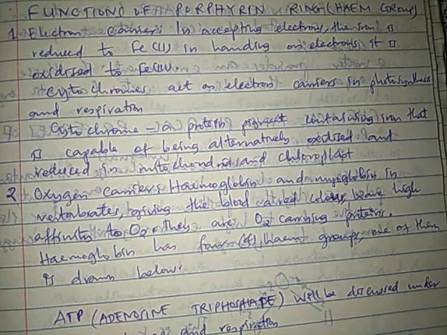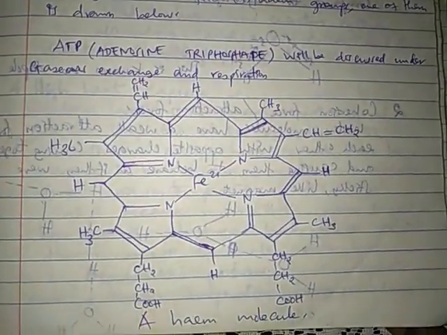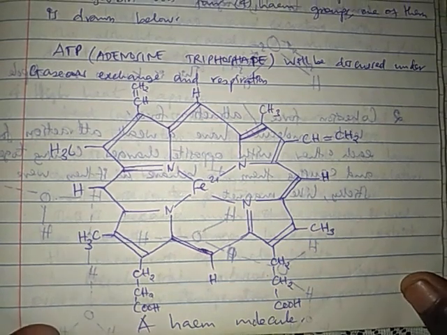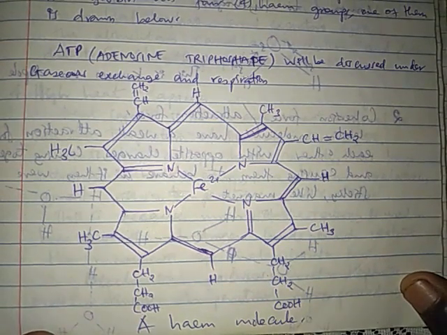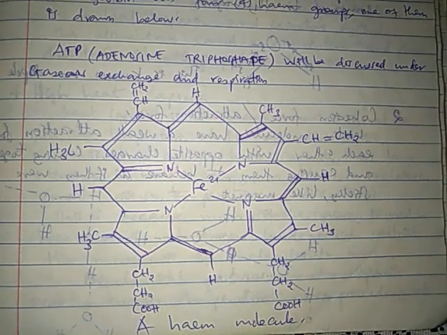So this is an example of the heme group in the hemoglobin, and as you can see, this is one heme molecule containing iron. Hemoglobin has 4 heme groups. That's why one hemoglobin molecule can carry 4 oxygen molecules consecutively at the same time.